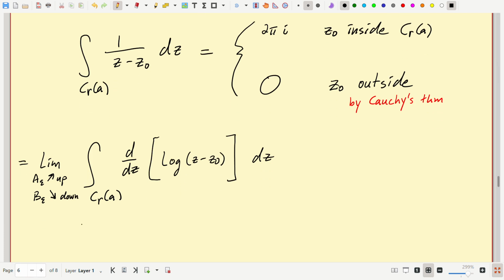Okay. And so by the fundamental theorem of calculus, that's going to be equal to log of z minus z naught evaluated between the starting point and the end point. And I'm going to show you that that's going to be 2 pi i.